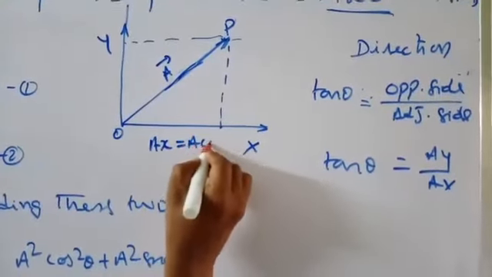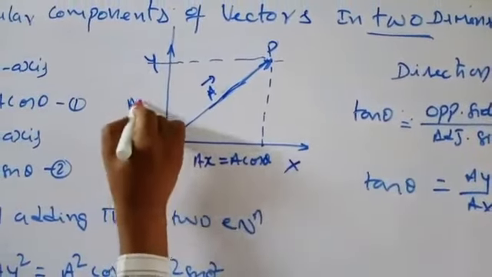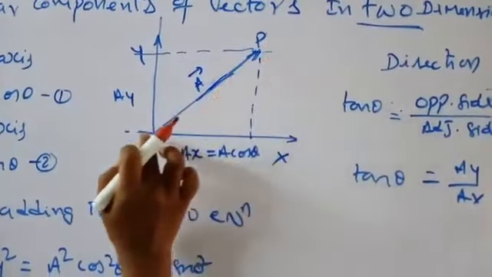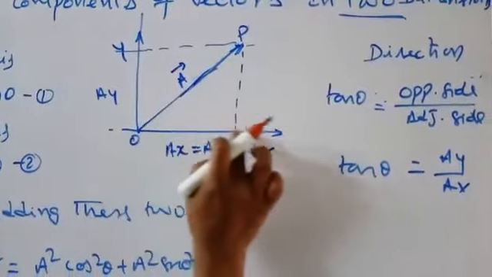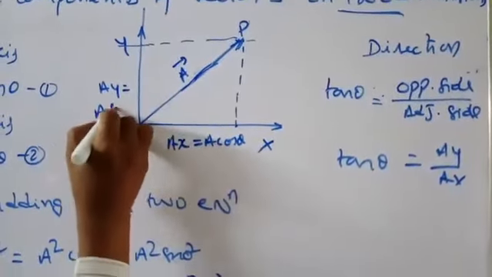AX is equal to A cos theta. This is the AY. The A bar is resolved into two components, one horizontal and the second one vertical. These are the rectangular components. AY is equal to A sin theta.